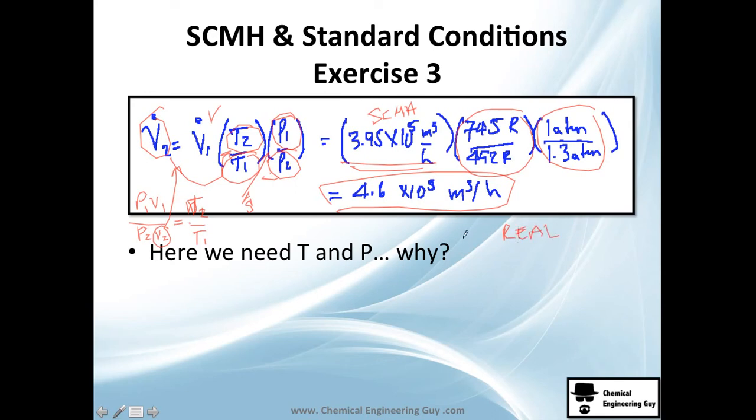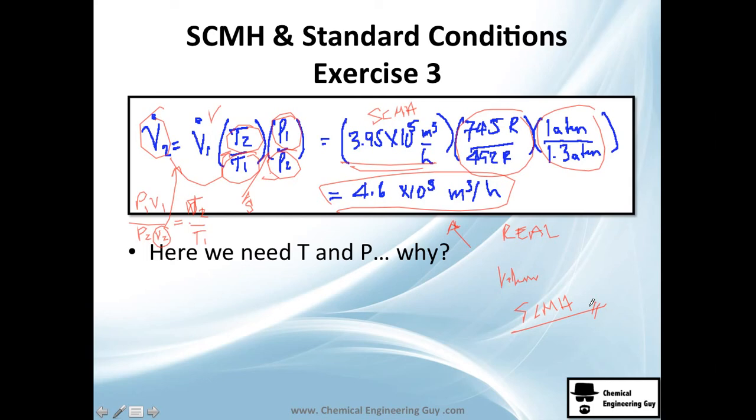When I say real, I mean real, like how much volume will you need to get this? Because SCMH is just a reference number. It's not an actual value that you're going to use. It means that if you get that gas at that temperature and pressure, you will be having that volume.